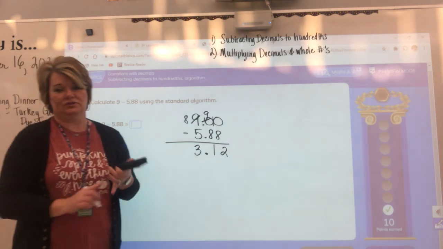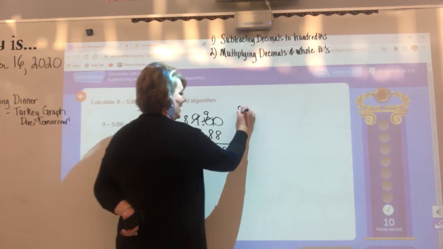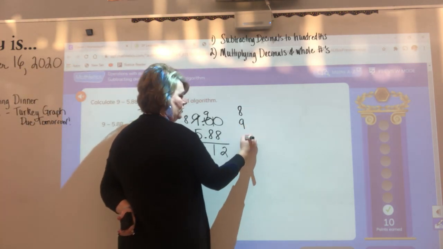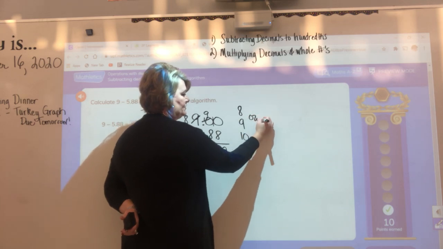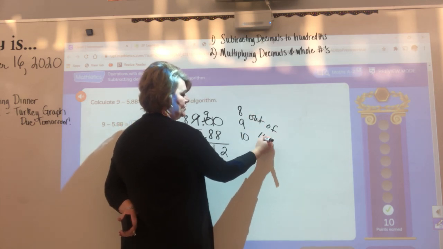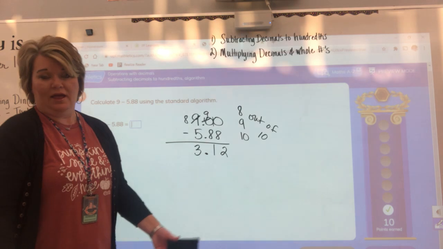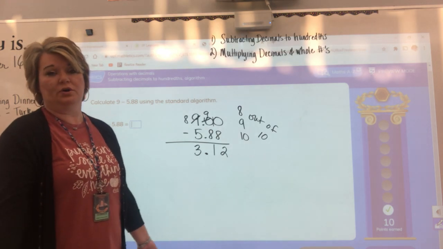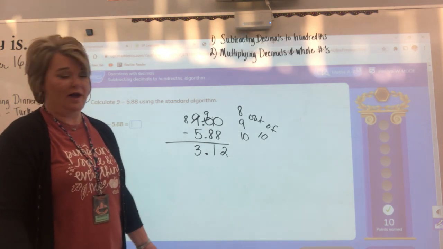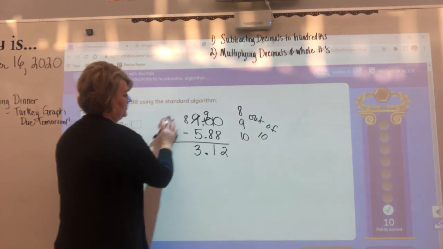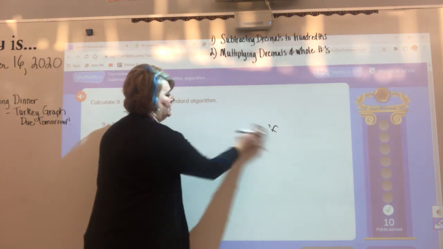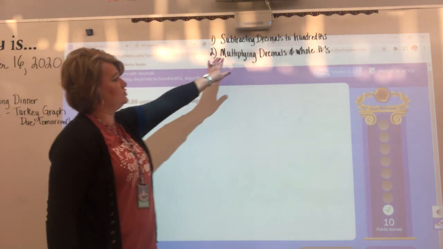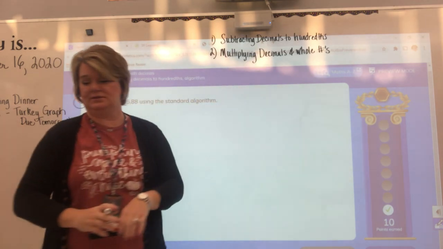So same deal, just like before, you have to get an 8, a 9, or a 10 out of 10 to earn your crown. And the more crowns you earn, the more points you earn, the more you can build your avatar and check into Meritopia. So that's the first objective, which is subtracting decimals to hundredths.